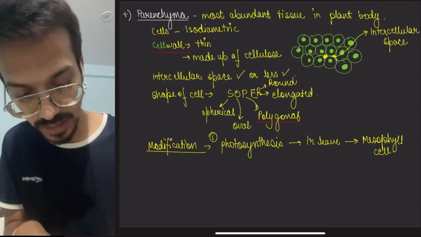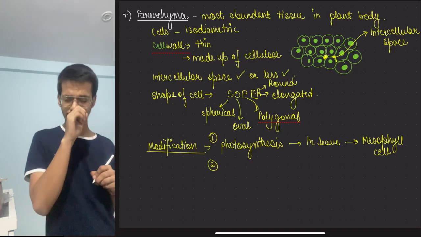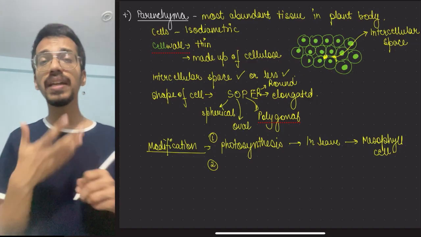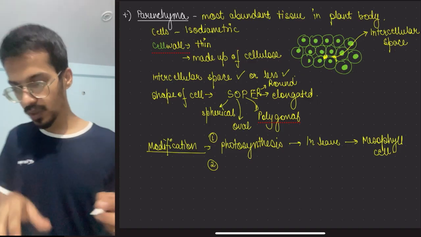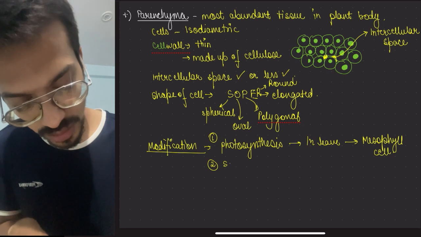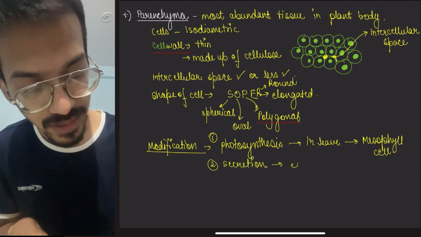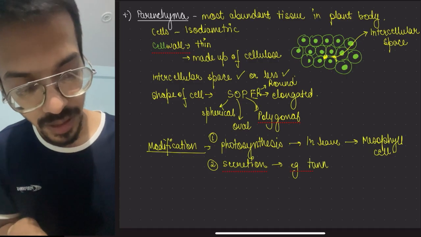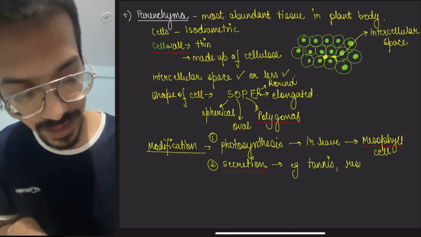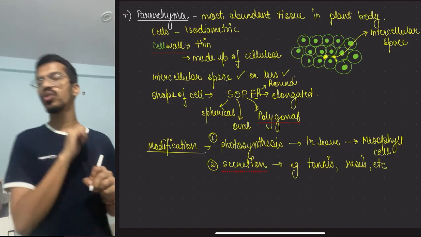After photosynthesis, the next thing is they might act as a secretory body. So they can do secretions, for example tannins, resins, etc. So it can do that work also.